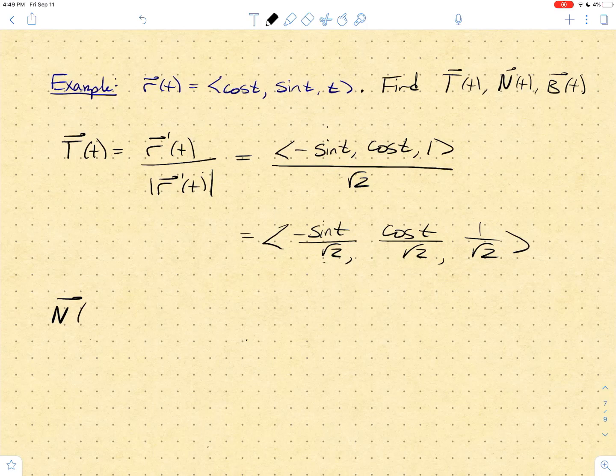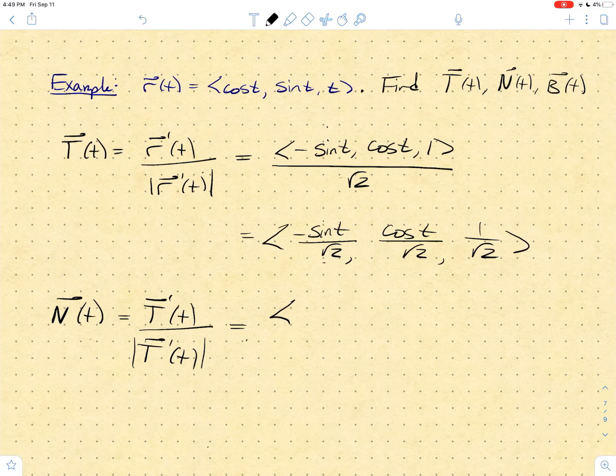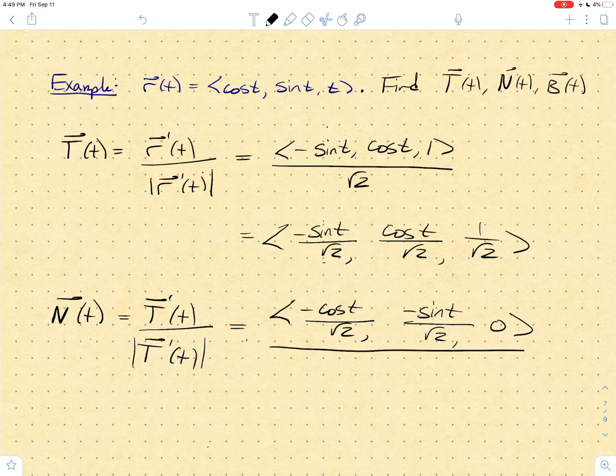For the unit normal vector, I'm going to take T prime of t, big T prime, over the length of big T prime. This is big T, so big T prime is going to be minus cosine of t over root 2, minus sine of t over root 2, comma 0, and we're going to divide by the length of this guy.